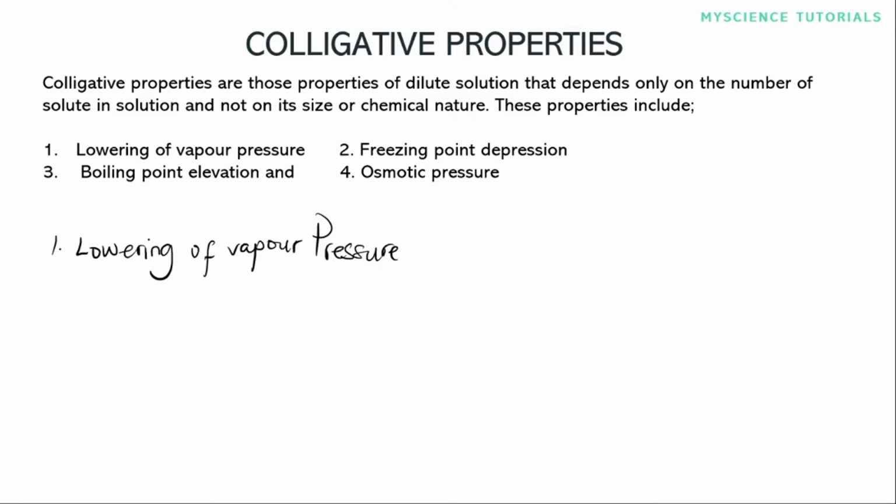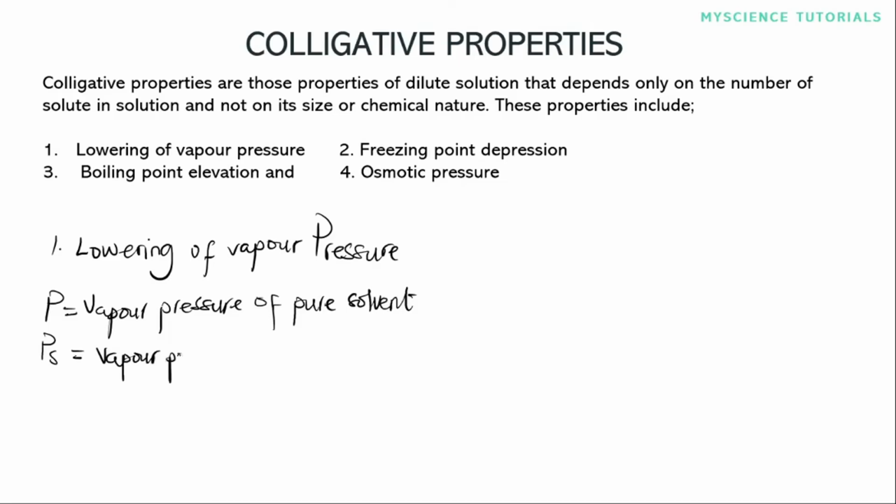Now if we are representing P as the vapor pressure of the pure solvent, and we are using Ps as the vapor pressure of the solution, then we can say the vapor pressure depression or lowering of vapor pressure, which is delta P, will be equal to what?